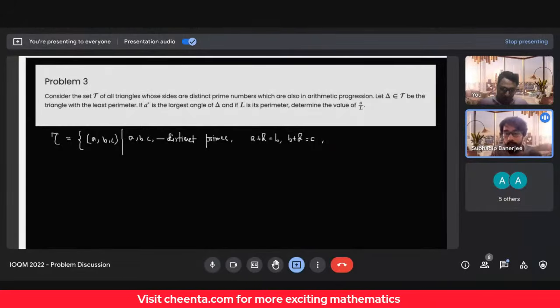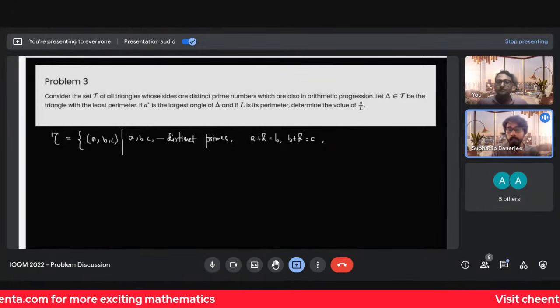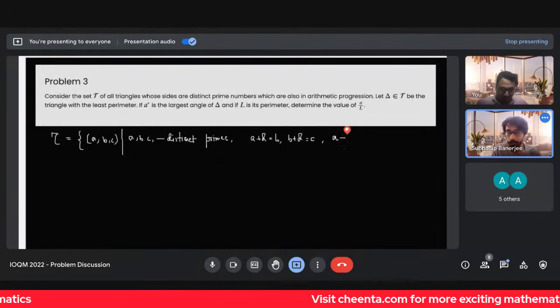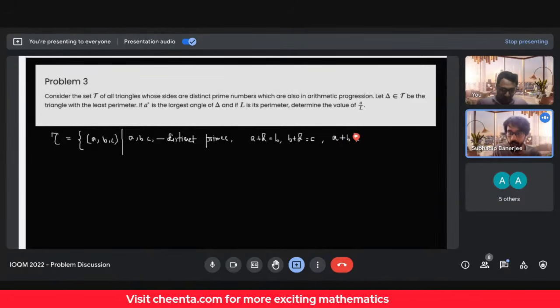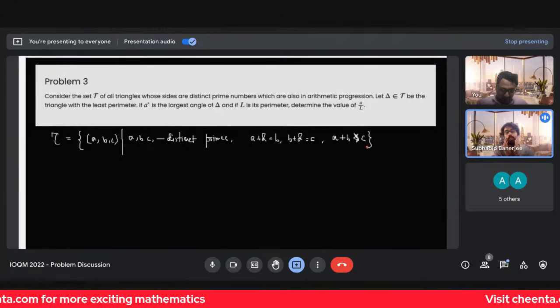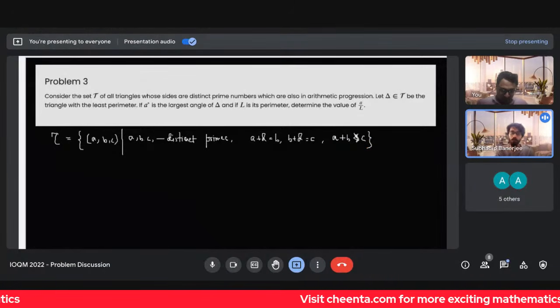So what can we say from the triangle inequality? A and b are the smaller ones, so we just need to check that a plus b is greater than c. Obviously the sides of the triangle cannot be negative, so a, b, c greater than 0 is always there.